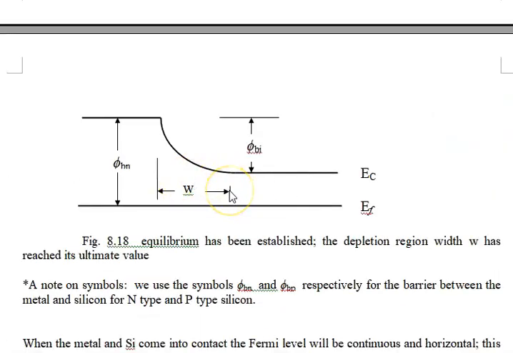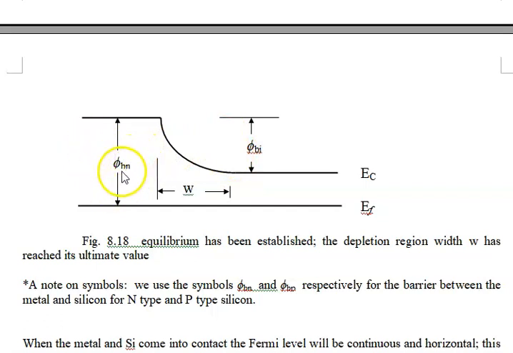Okay, let's look at this a little bit more carefully. We'll notice that there are two important numbers here. One is called phi Bn. B means barrier. Phi B refers to the fact that there is a barrier in the silicon. This is the barrier in the metal.